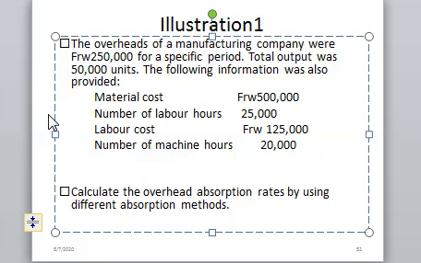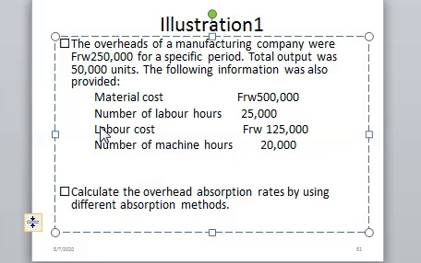If you are calculating the overhead cost per unit, you will get this total overhead cost divided by the number of units. If you look at the overhead cost in terms of material cost, it will be this divided by this. If you are looking at the overhead cost in terms of labor hours, it will be your total overhead of this divided by the total labor hours.